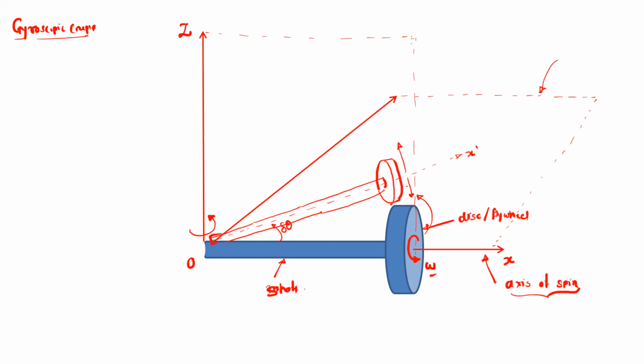This lifting effect of the spinning disc in the upward or downward direction is because of this gyroscopic couple. And this direction depends on the direction of rotation of the spinning disc. We will see afterwards how to decide that direction.